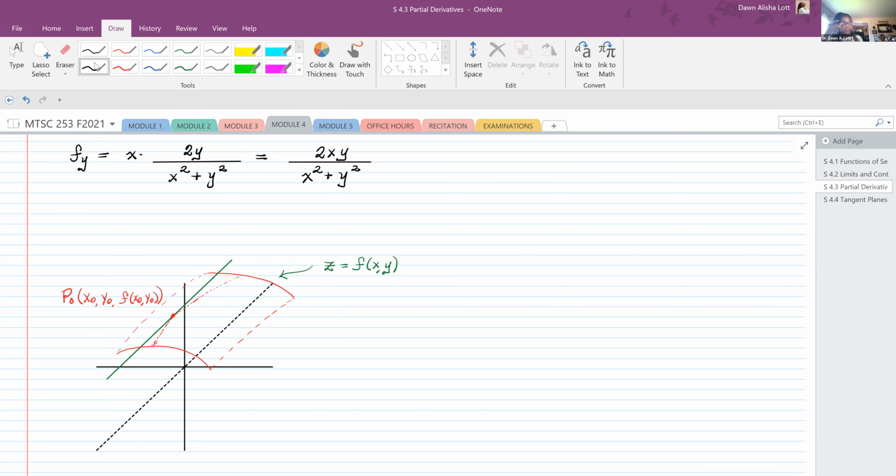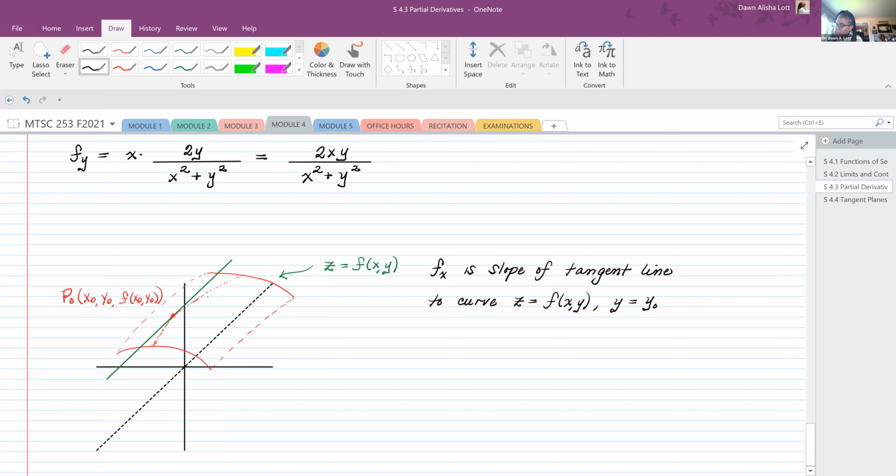So now f sub x is the slope of the tangent line to the curve z equal to f of x, y, where y is fixed to be y naught.